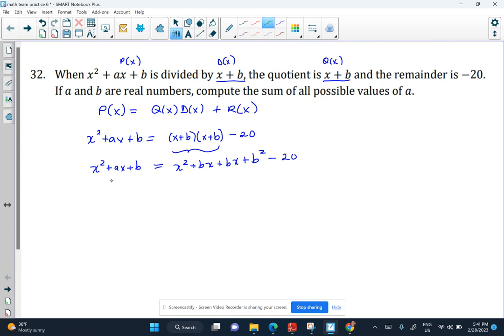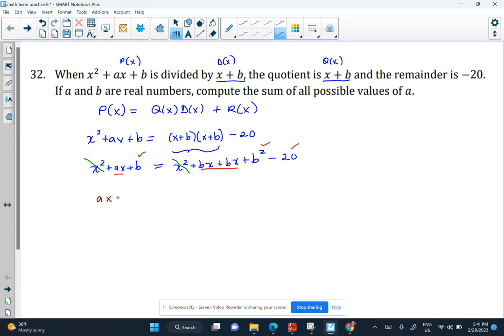I notice I can subtract x squared from both sides of the equation, and that leaves me with terms that have x's in them, and terms without the variable. So I'm going to make two separate equations, one for the terms with the x, and the other for the terms that don't have the x.